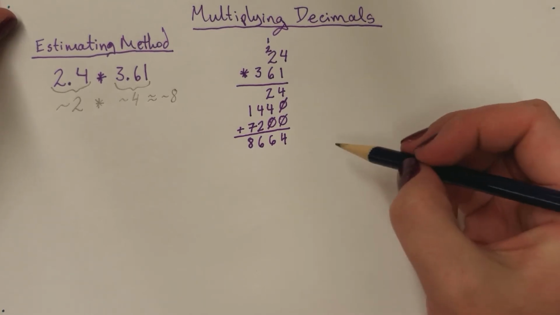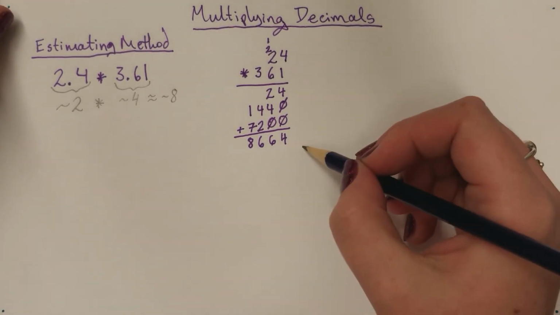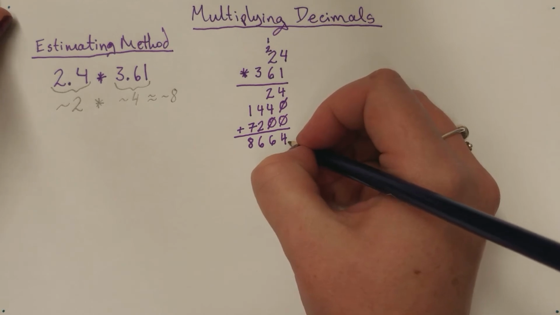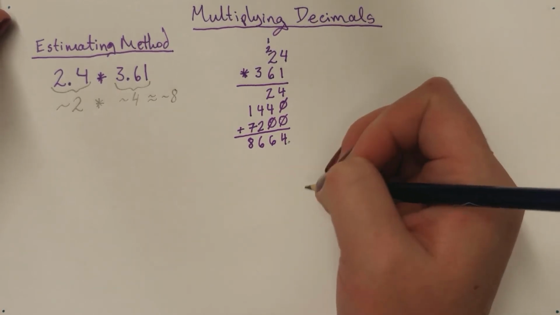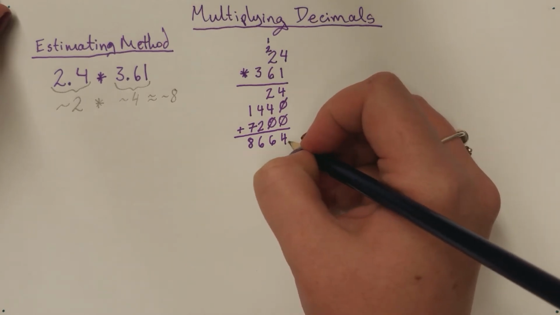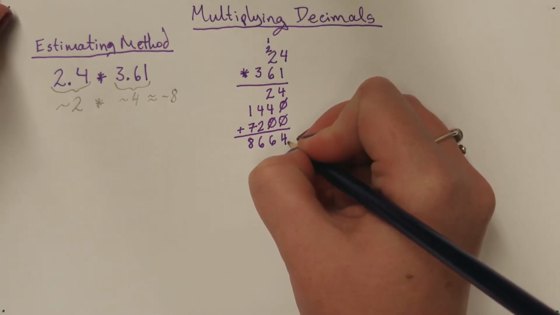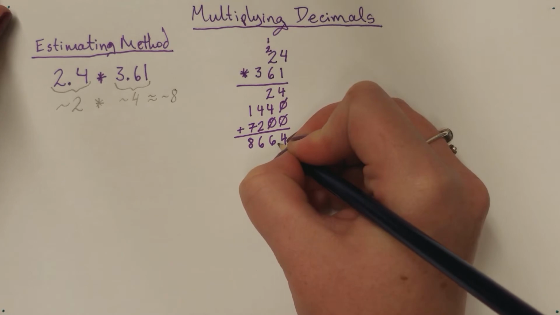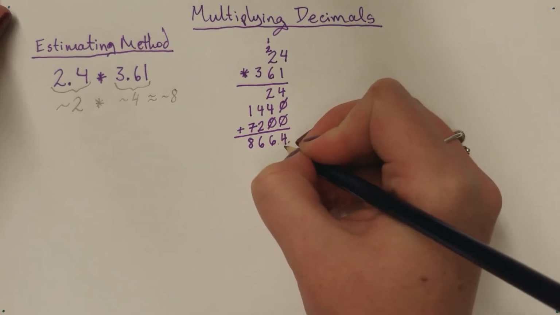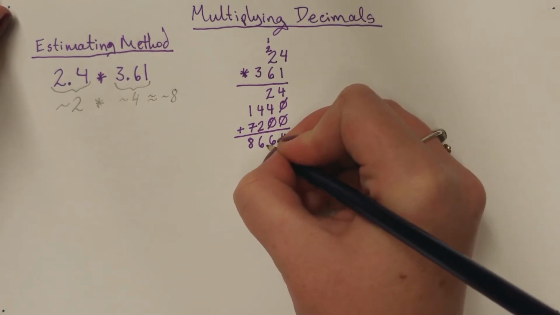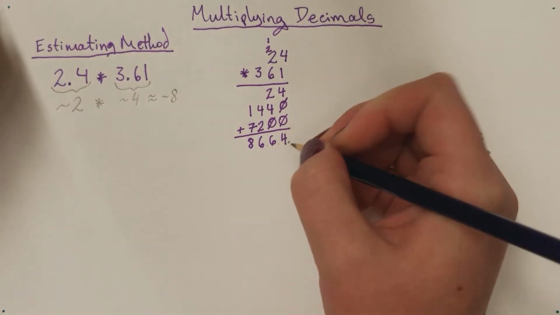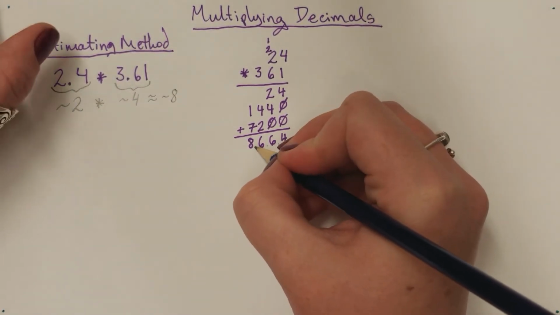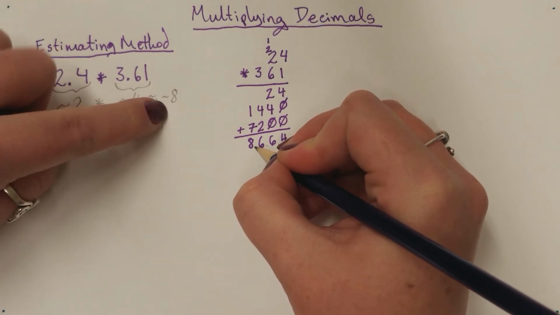So where do I need to put my decimal in my answer? Right now, the decimal is here because there's always an invisible decimal after a whole number. So 8,000, nope. 866.4, nope. 86.64, still not close to 8. 8.664, that's close to 8.